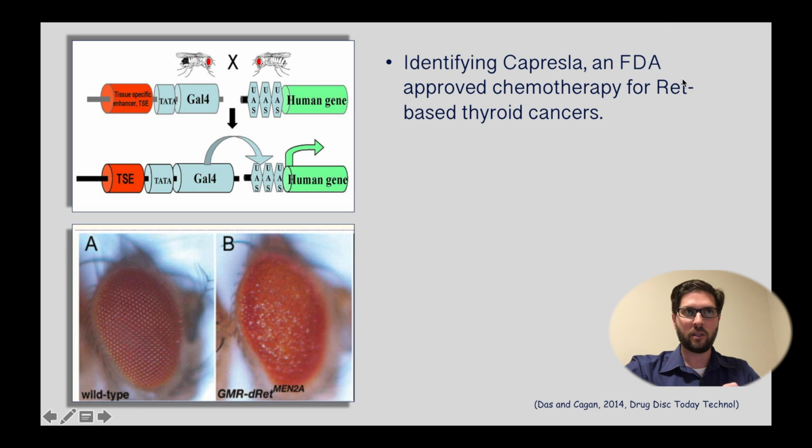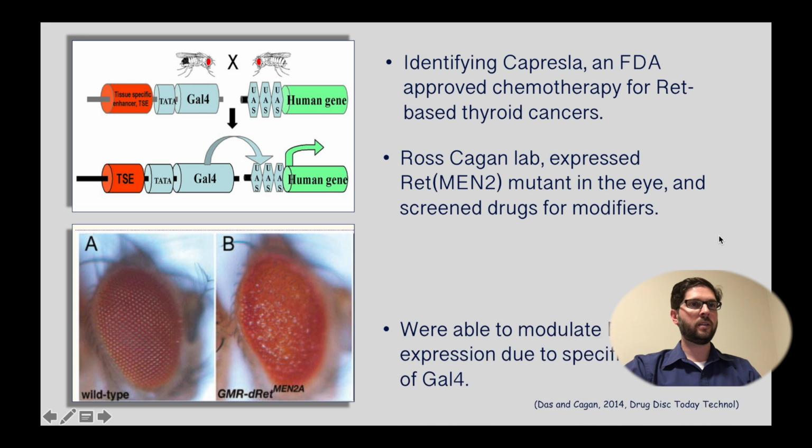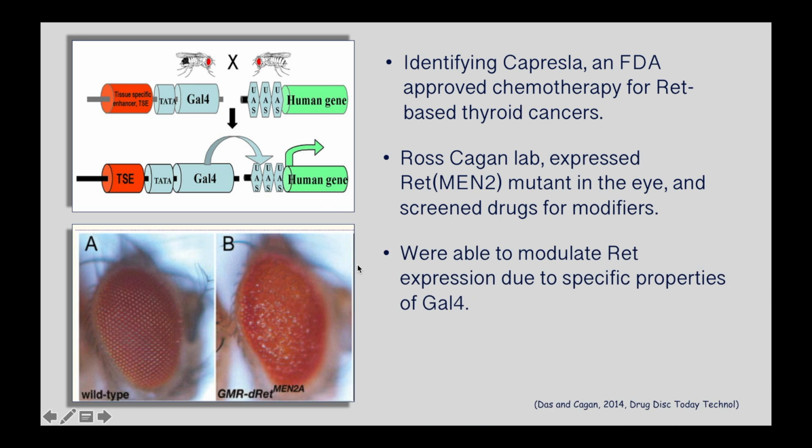RET is a human oncogene, and what Ross Kagan did was express a specific human mutation of RET in the Drosophila eye, as you can see here. So here in panel A is a normal wild-type looking eye, whereas in panel B is an eye expressing a mutated form of RET. And then he screened these animals for drugs that were able to modulate RET expression.